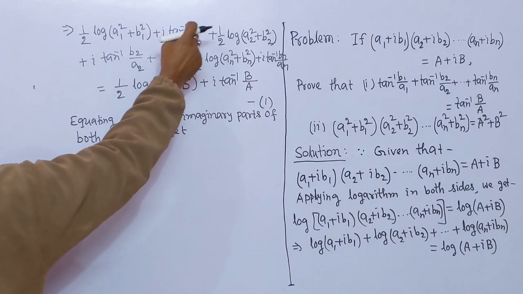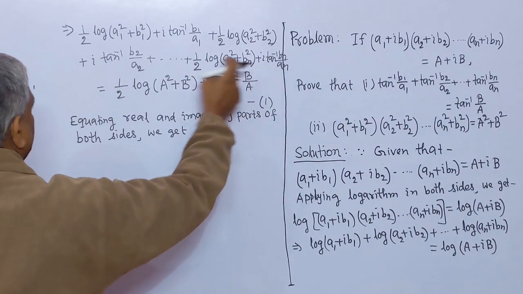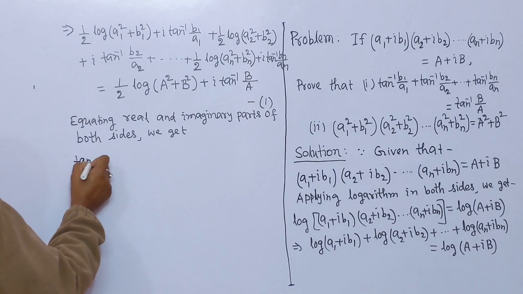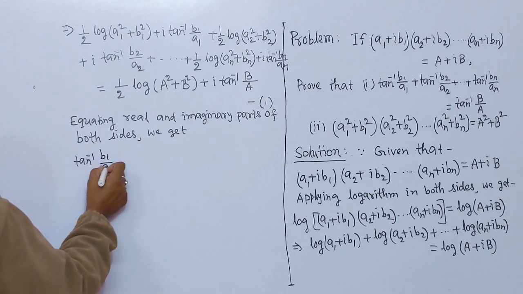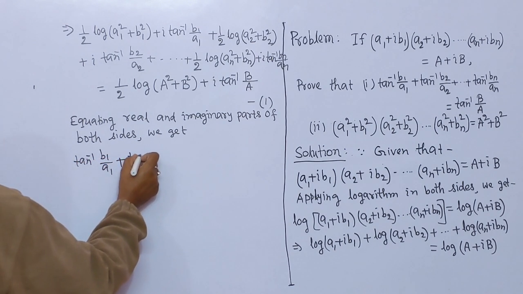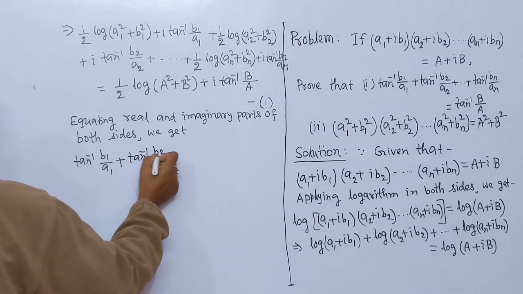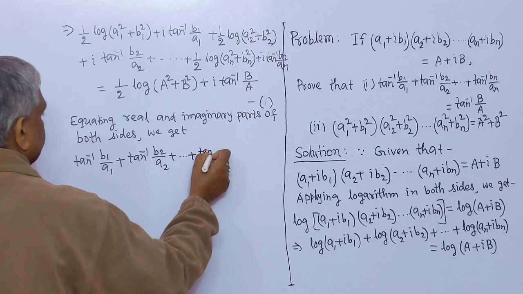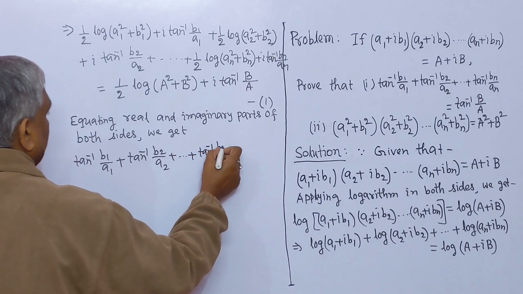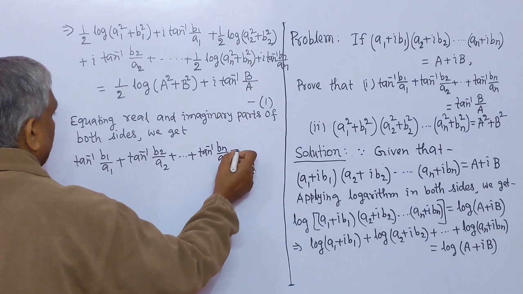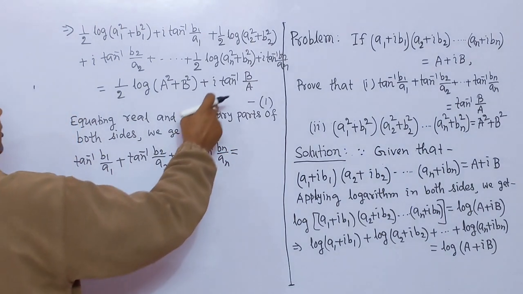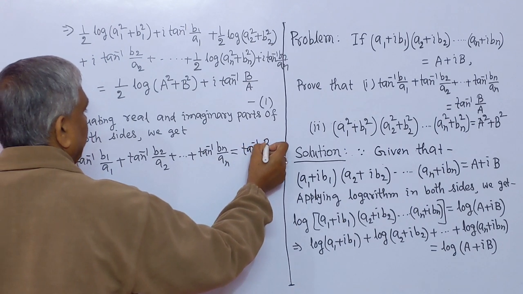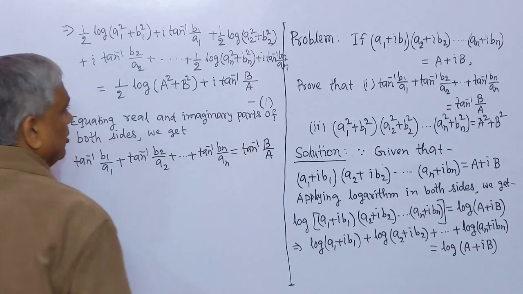This is imaginary part, this is imaginary part, left side, these are imaginary parts: tan inverse B1 by A1 plus tan inverse B2 by A2 plus dot dot dot plus tan inverse Bn by An. In right side, imaginary part is tan inverse capital B by capital A.